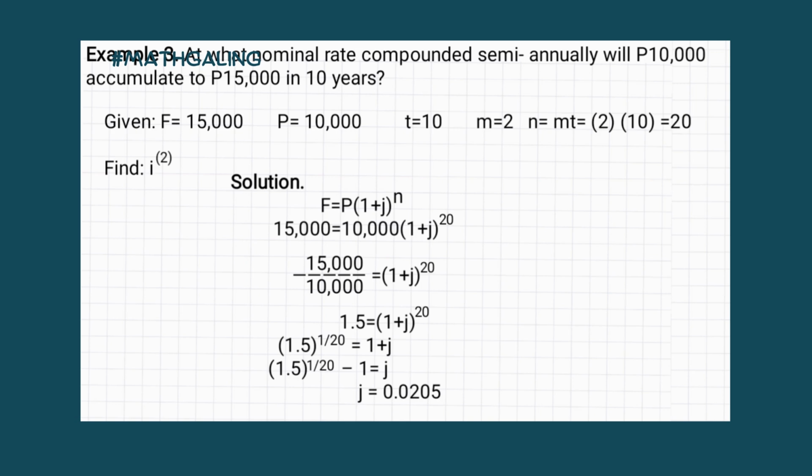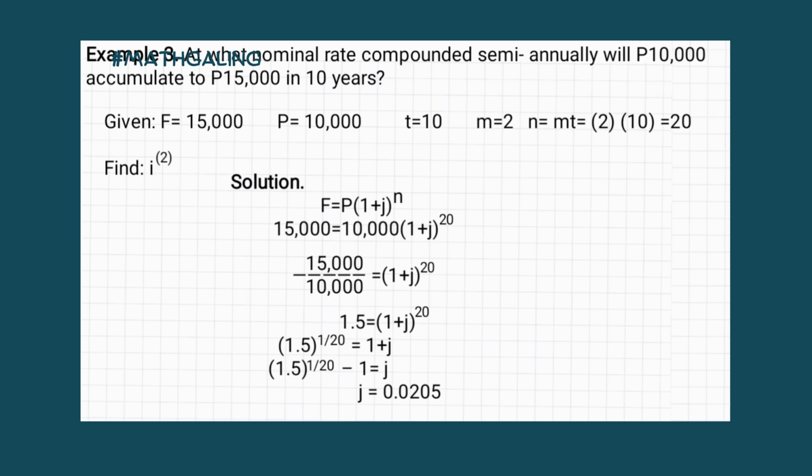So the solution is F is equal to P times 1 plus g raised to the power of n. 15,000 is equal to 10,000 times 1 plus g raised to the power of 20. So 15,000 over 10,000 is equal to 1 plus g raised to the power of 20.